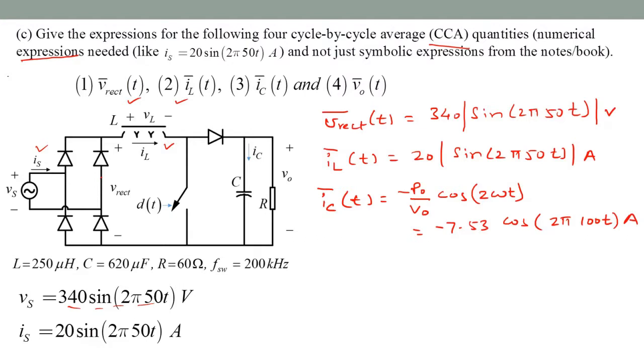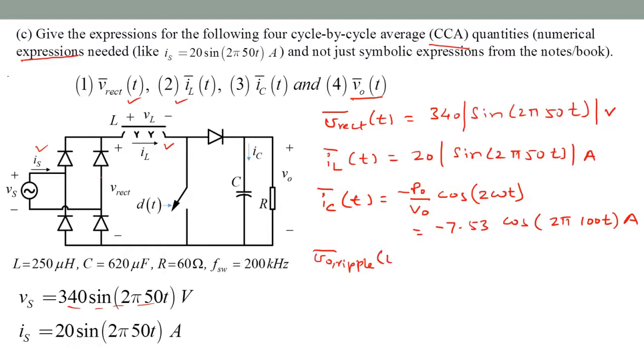Okay, and the last of the CCA expressions that we needed was the complete output voltage, the cycle by cycle average value. If you look at the notes, there is an expression that we derived for just the ripple CCA.